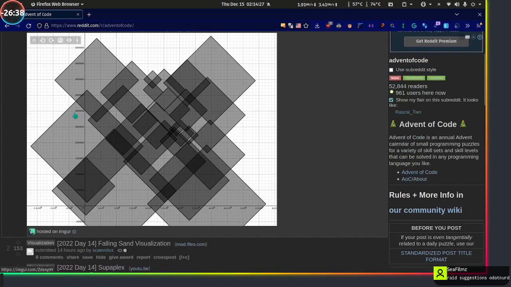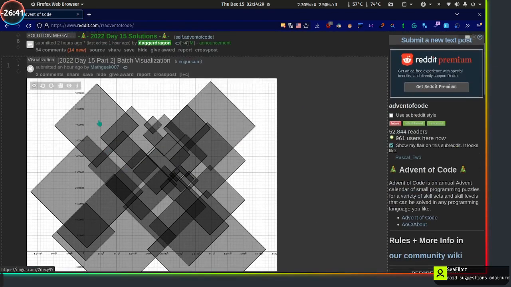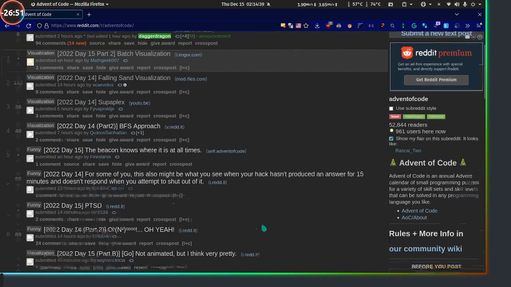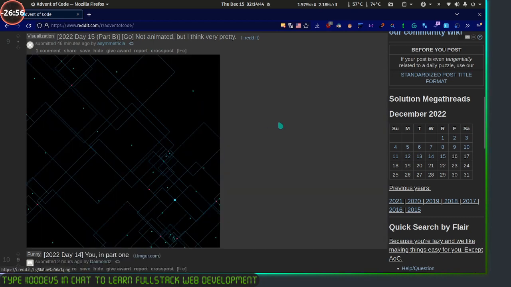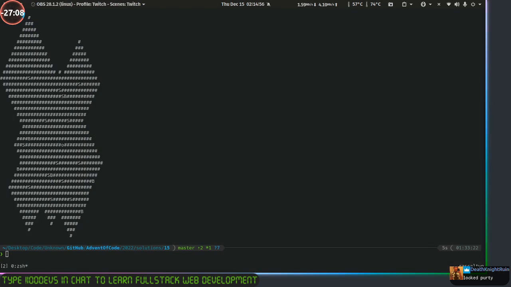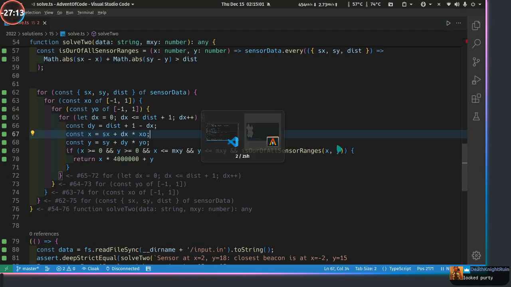Oh, that's very graphical. Another one. Hey, there it is. And there's the spot. Yeah, I guess this definitely gives me some ideas. It definitely looks pretty. All these latest ones have been great visualizations.